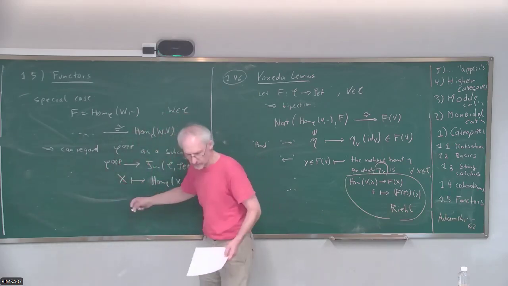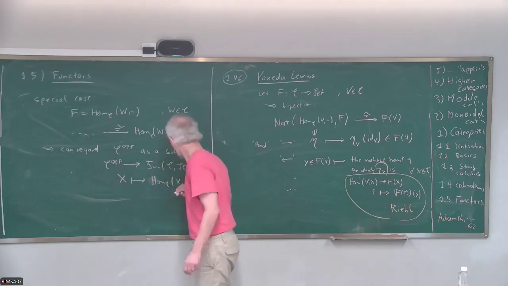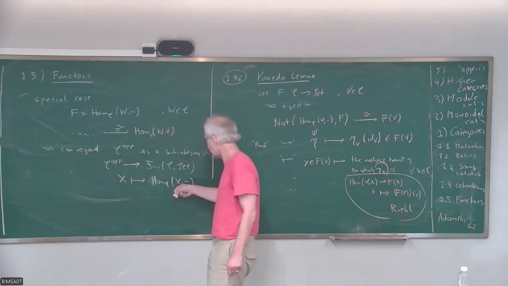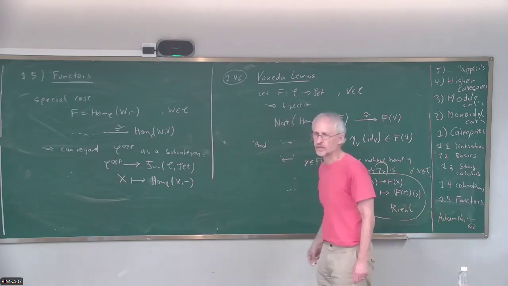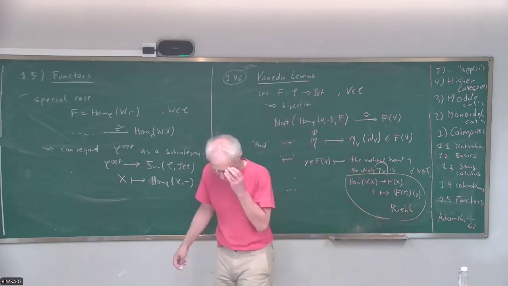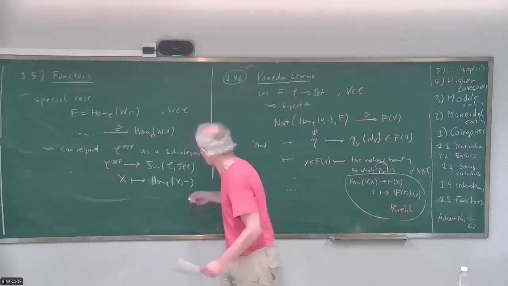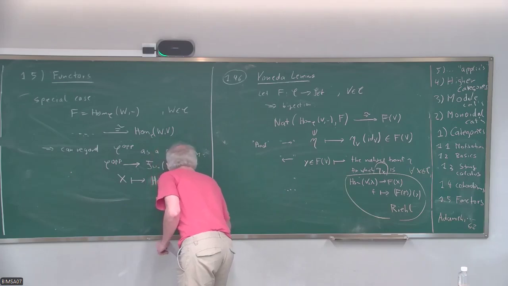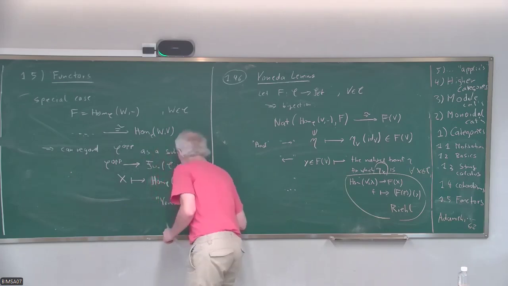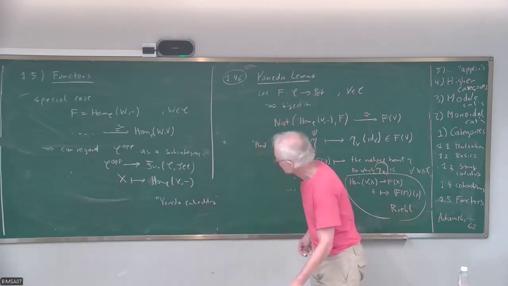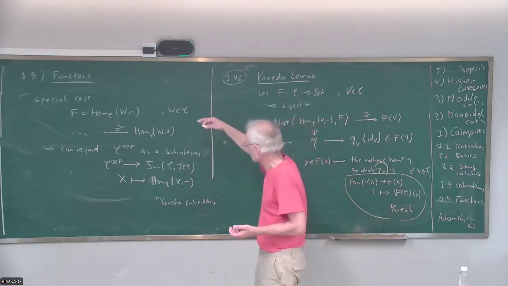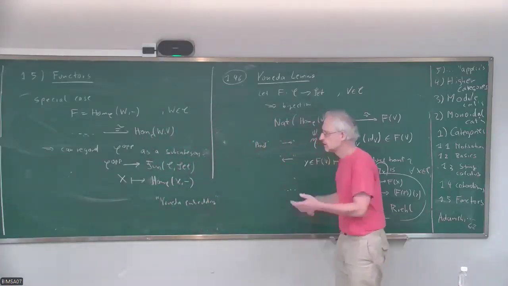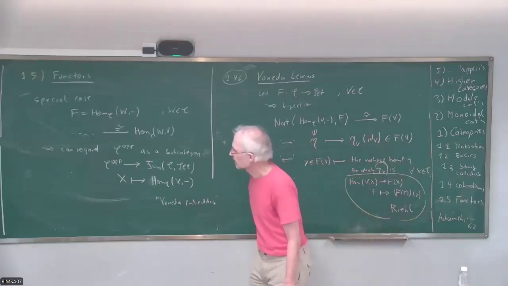For any X in C, I get this Hom functor, and it's the opposite here because this is in the contravariant entry of the Hom functor. And this is also called the Yoneda embedding. So if I have a category, then there is a larger category of functors in which the original category is naturally embedded.